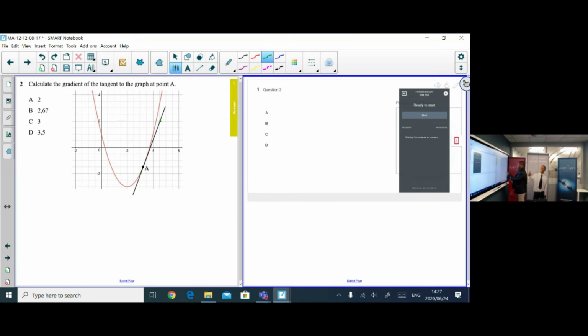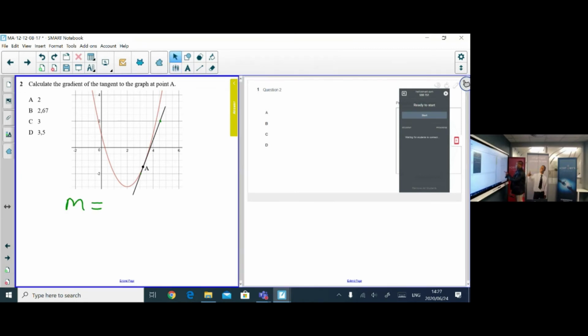Remember, your gradient will come from y2 minus y1 over x2 minus x1. If you are slightly more accurate, I'll just call the points P and Q, so I can change my 1 and 2 into P and Q. But eventually you need to work out the value of the x value and y value.